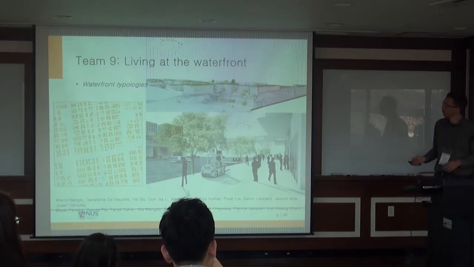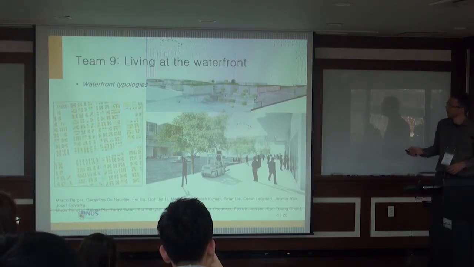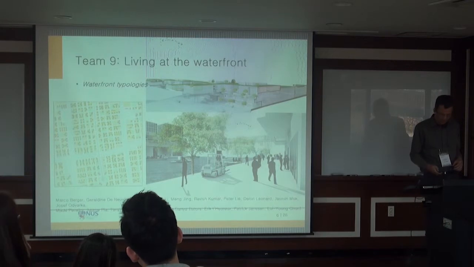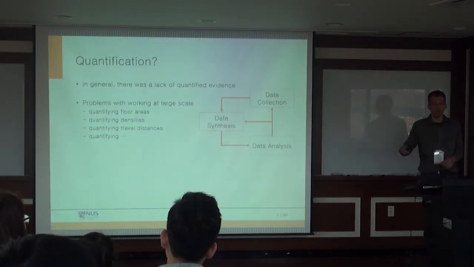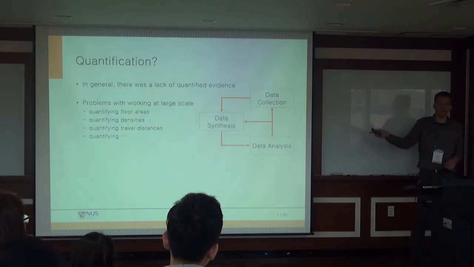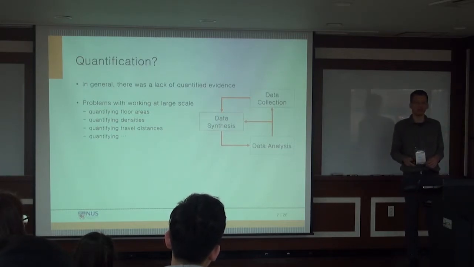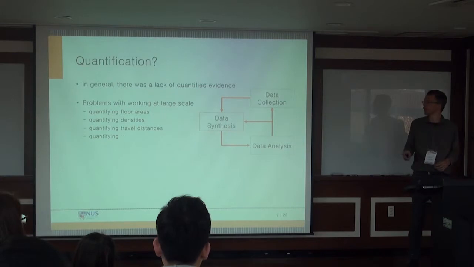But some of the problems that are popping up from this is, what about quantification? From these drawings, you cannot tell whether 1 million people would actually be able to live in that area.